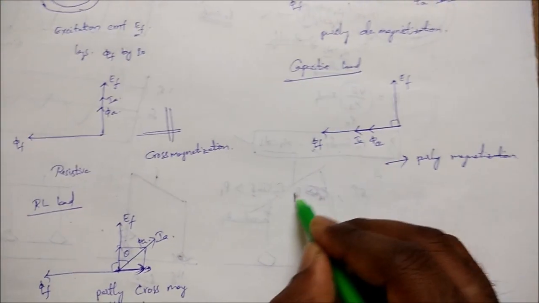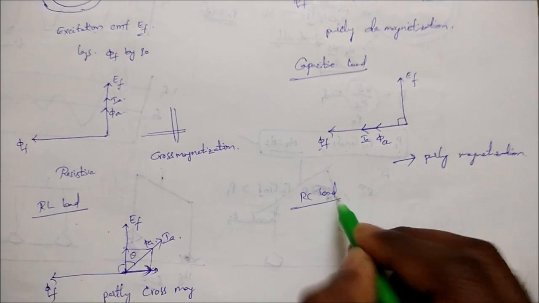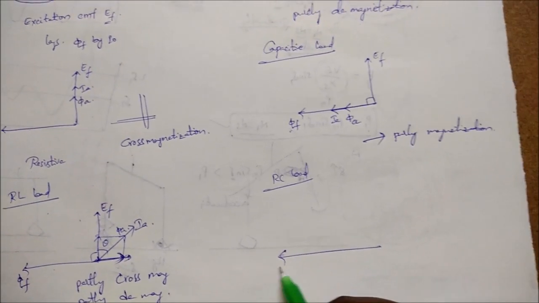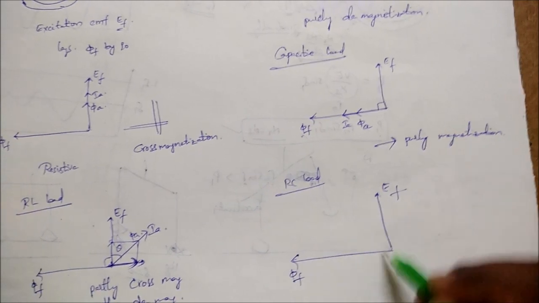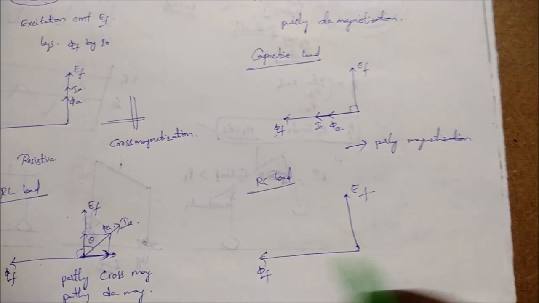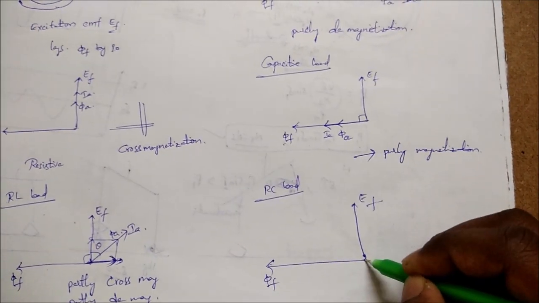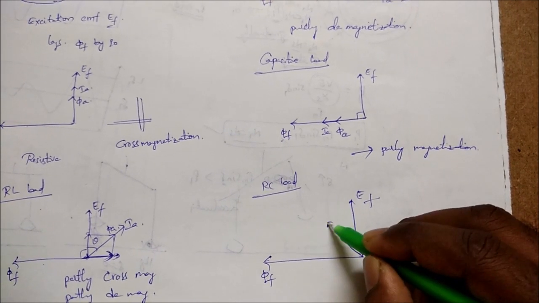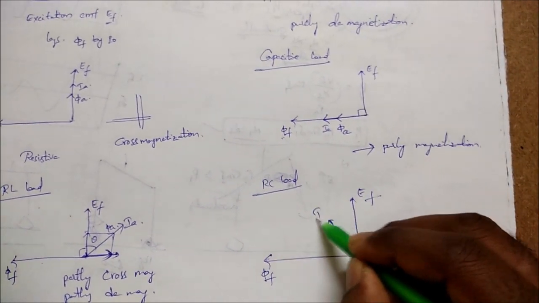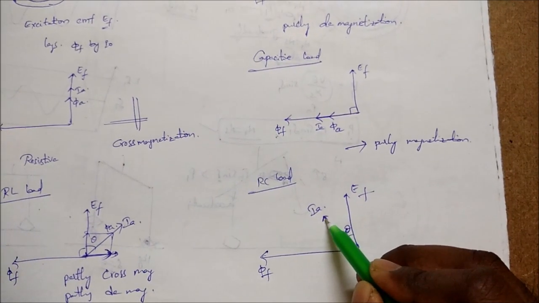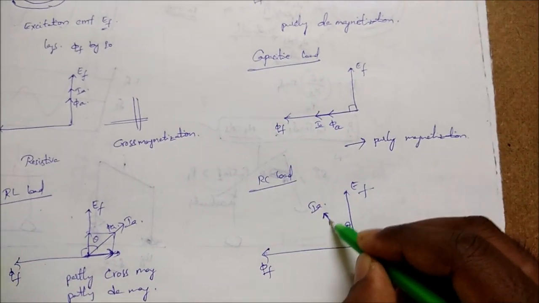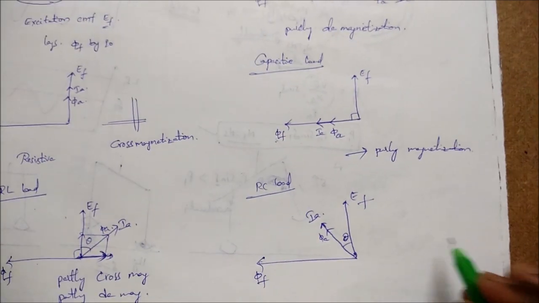Understand? Now if you consider RC load, this will be phi F and this will be EF. Because of this RC load, the current will be leading the induced EMF by some angle theta. This is IA. If IA is in this direction, then phi A is also in the same direction.